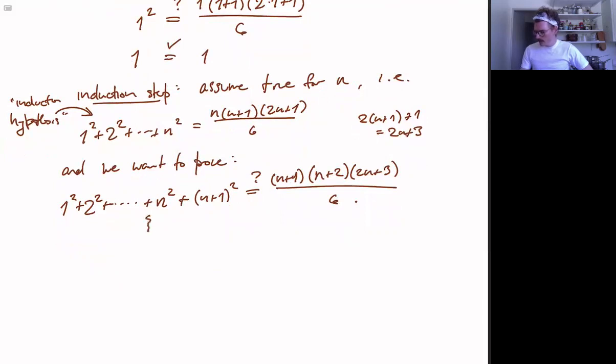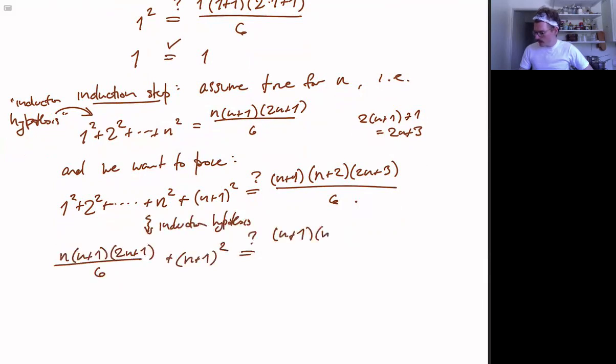So we're using the induction hypothesis here to rewrite this, replacing this with this. So n(n+1)(2n+1) over 6 plus (n plus 1) squared is this equal to (n plus 1)(n plus 2)(2n plus 3) over 6.